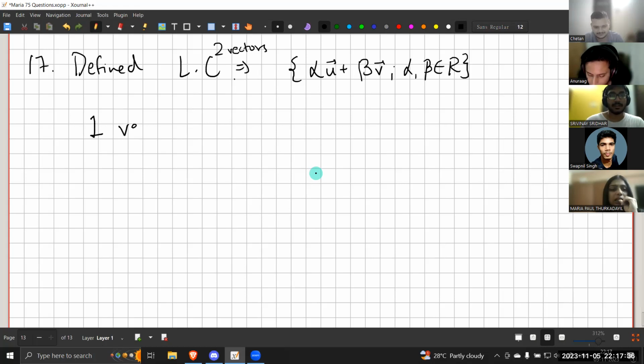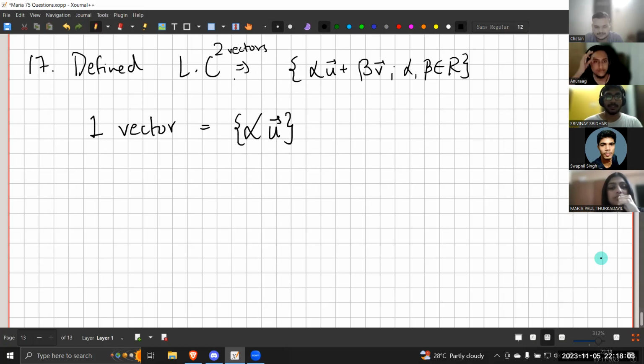For one vector, what would the linear combination of one vector look like? I think we discussed this in the previous question as well. A line, right? So how do I write a line? Maybe I can just write it as alpha times u, as Swapnil said. This would be the linear combination of one vector.